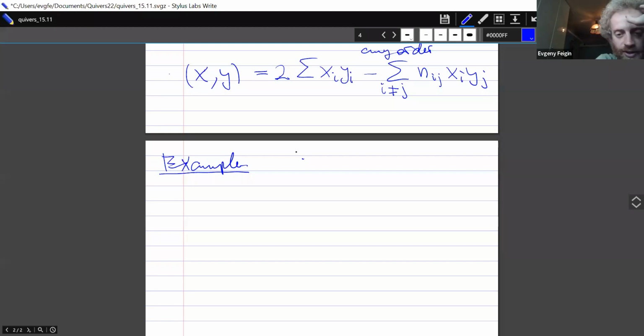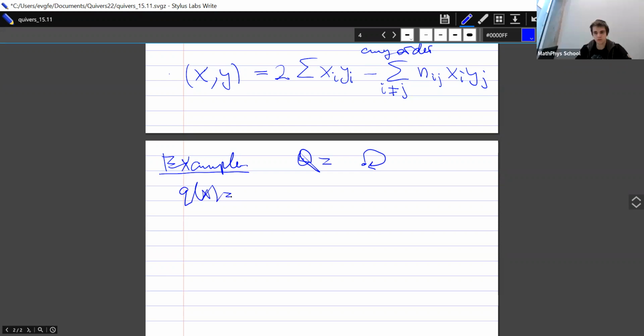So let Q be the quiver with just one loop. By definition, what is Q of x? Just 0? It is.